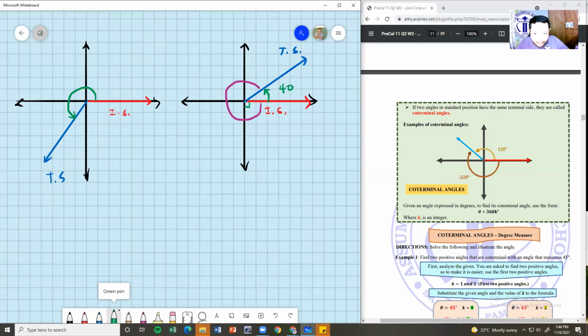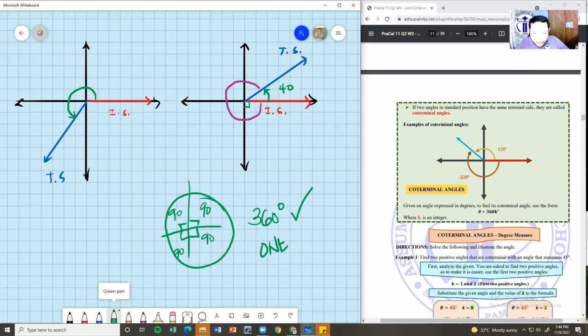If the symbol is square, what's this? That is a right angle. That's 90. There are 4 right angles in this one revolution. So if this is 90, this is 90, and this is 90, what's the measurement of one revolution? 360 degrees, correct. This is what we call one revolution. Okay, now going back to our question a while ago.